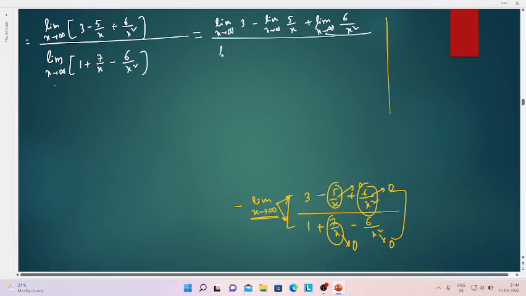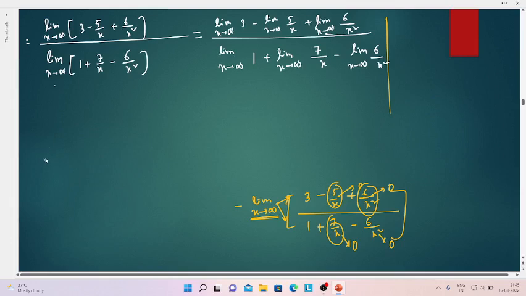And the denominator will become limit x tending to infinity 1, plus limit x tending to infinity 7 upon x minus limit x tending to infinity 6 upon x square, right?